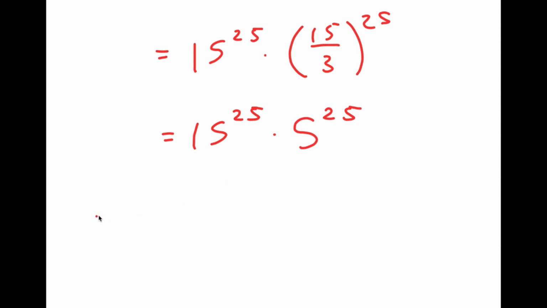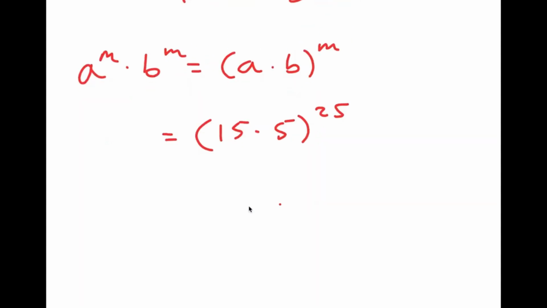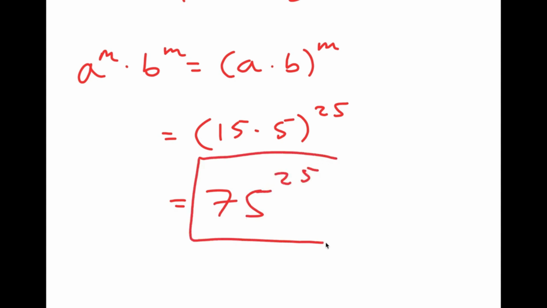Now another property of exponents is that a to the power of m times b to the power of m is equal to a times b to the power of m. So this is going to equal 15 times 5 to the power of 25, which is equal to 75 to the power of 25. So this is my answer.